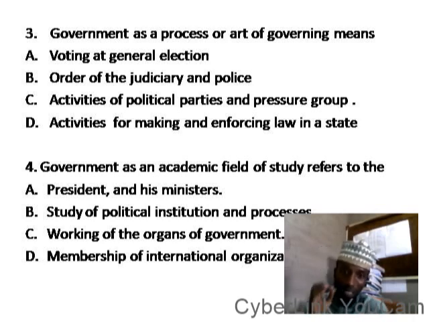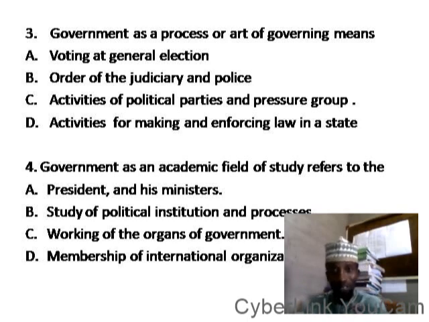As an academic field of study, government is the study of political institutions and processes. I will give you the definition that we had in the class. The definition of government as an academic field of study is that it can be defined as a subject matter learned in the school about governmental system and processes.